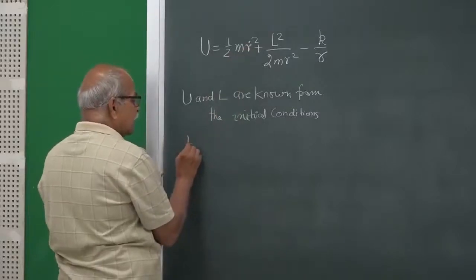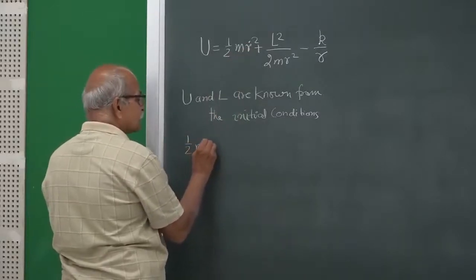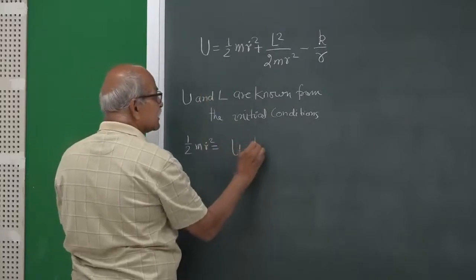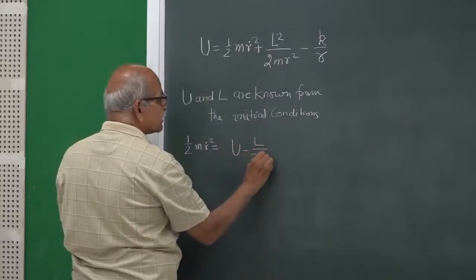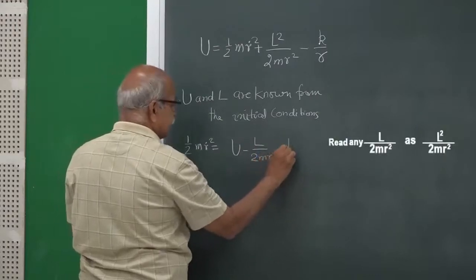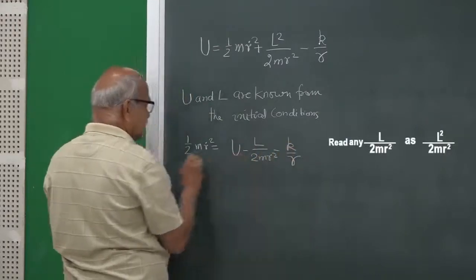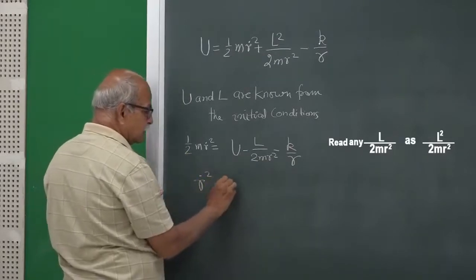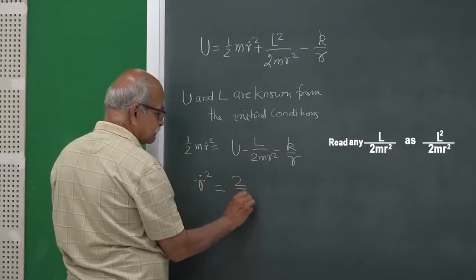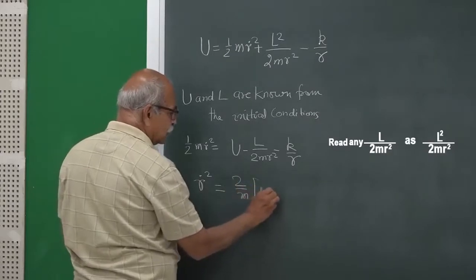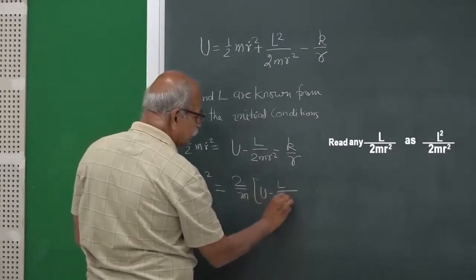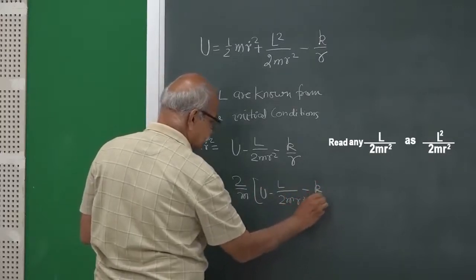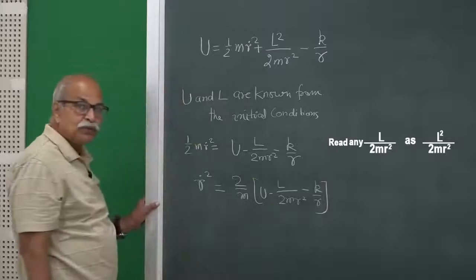Therefore, you can write this as half m r dot square is equal to U minus L square by 2 m r square minus k by r, multiply by 2 by m. So, r dot square is equal to 2 by m times U minus L square by 2 m r square minus k by r, and take a square root on both sides.